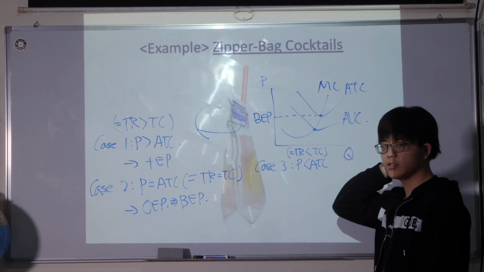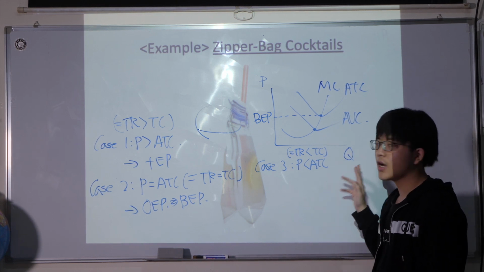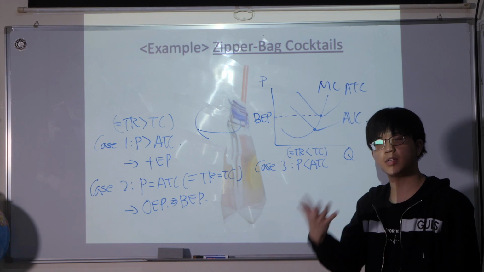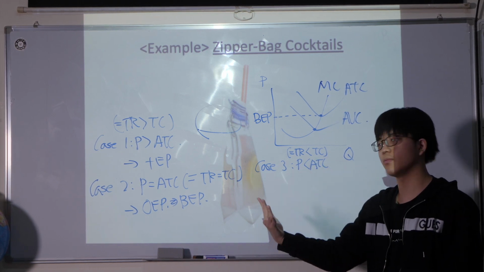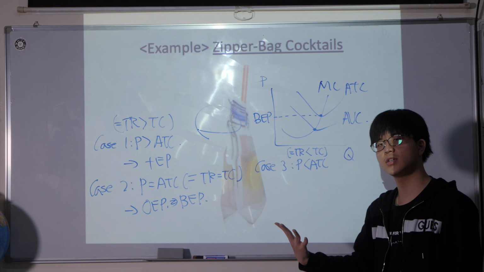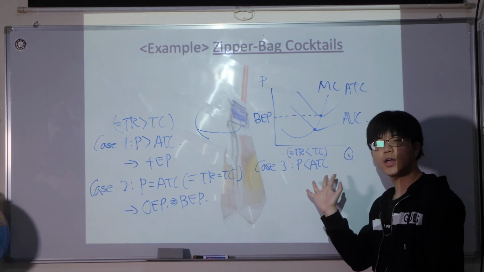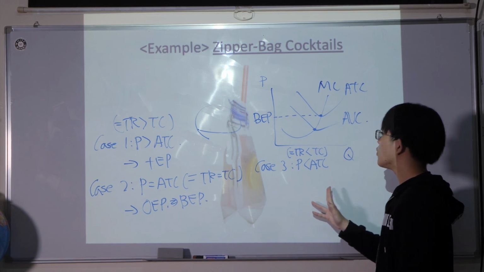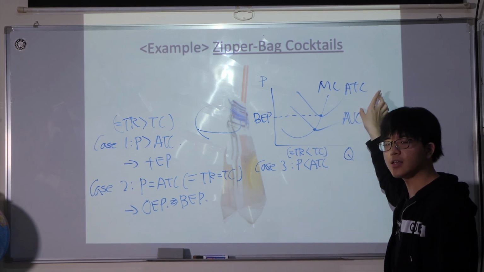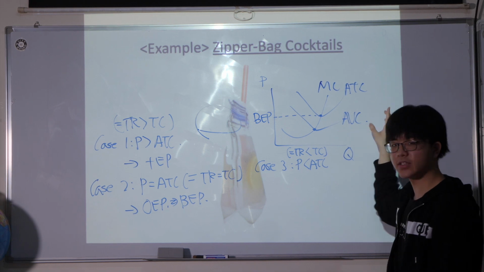So now we make a loss, but the problem is you need to figure out the point where we stop the business or continue to make our product. That's actually different, and what we understand is we have ATC, not only ATC but also AVC.